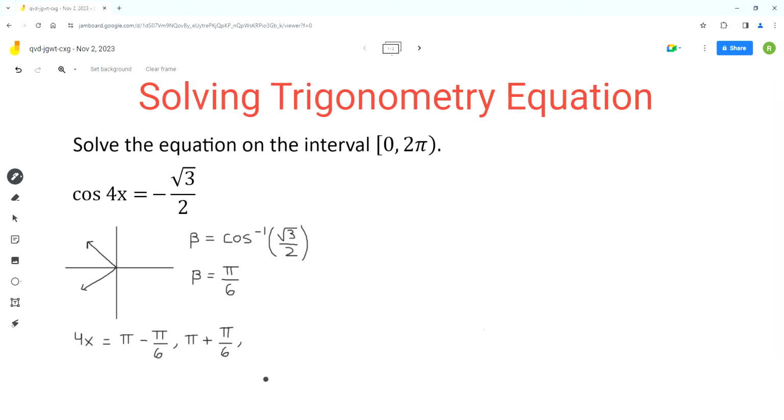For that we do pi minus pi over 6, the angle value we got in quadrant 2, and to that we add 2 pi. The angle value we got in quadrant 3, we add 2 pi to that.